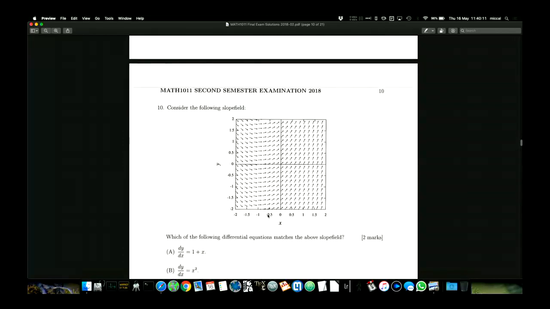Sorry. If you look at vertical lines, as y varies, the slope doesn't. Yeah? So it's got to be a function of x only.